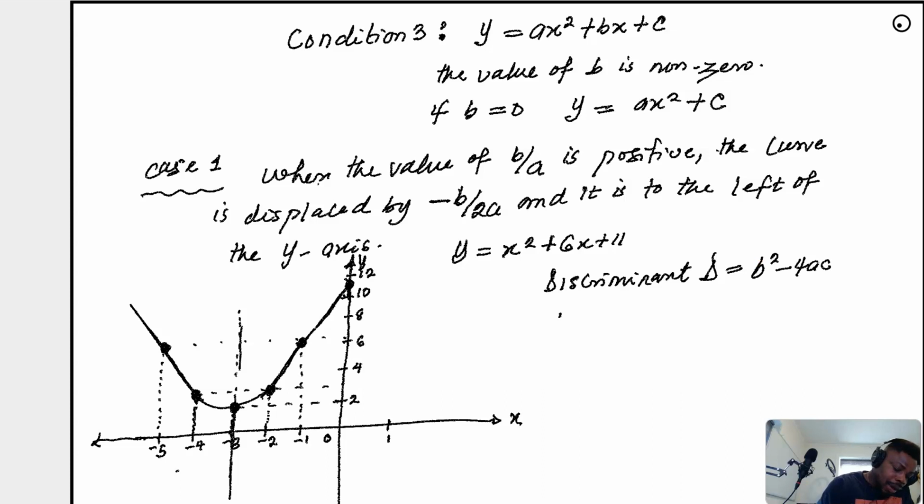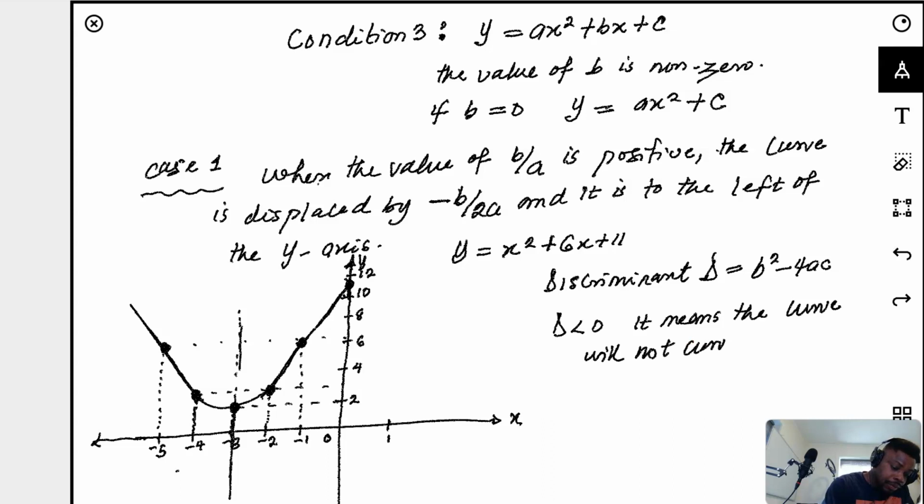When D is less than 0, it means the curve will not cut the x-axis.